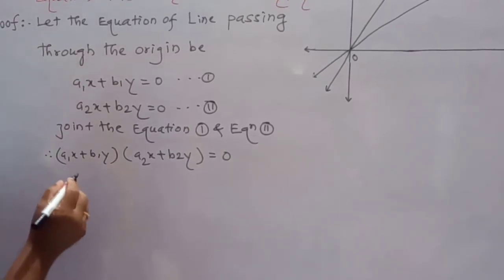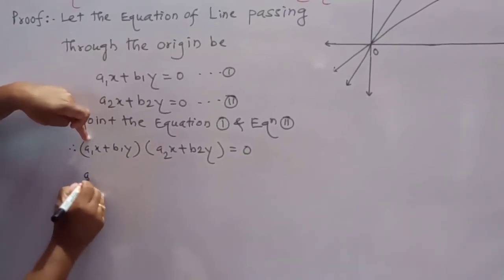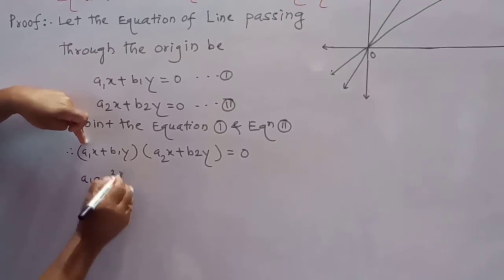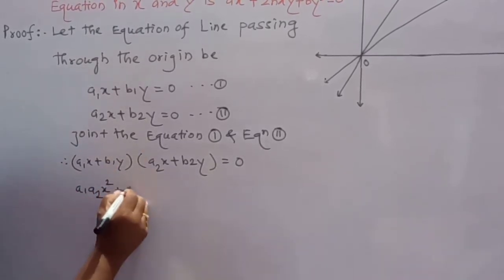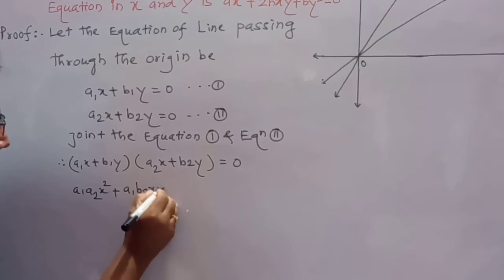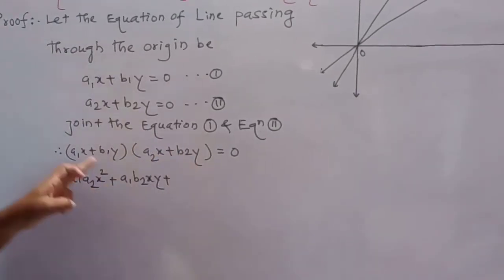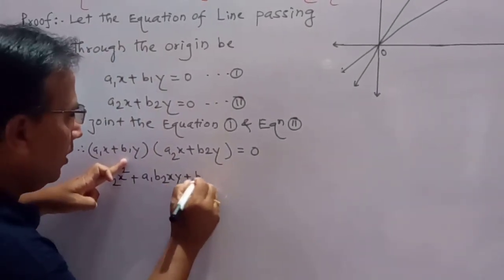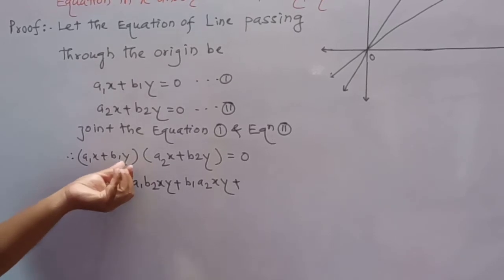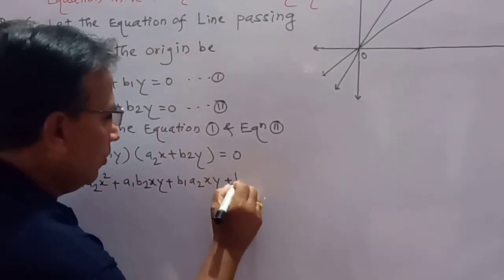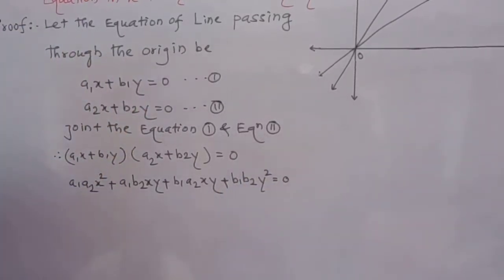Therefore, a1x into a2x, a1 into a2, x into x is x square, plus a1x into b2y, a1 b2, x into y is xy, plus we multiply b1y into a2x, b1 a2, y into x is xy, plus b1y into b2y, b1 b2, y into y is y square, equal to 0.